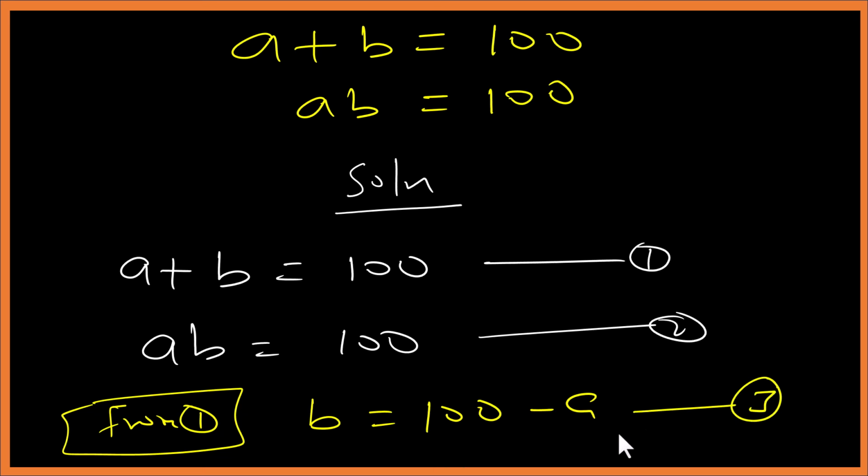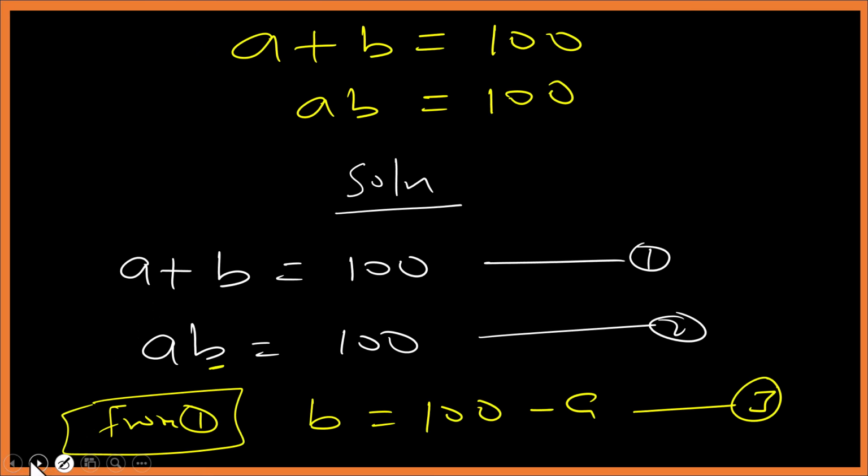So substitute 100 minus a for b in equation 2. It will be a times b, but b is what? 100 minus a, equals 100.